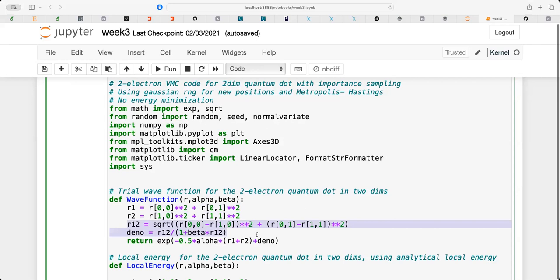You can leave that out, because we are not going to put in the interaction first. We are going to make all the tests and developments without the interaction between the particles. That means that your trial wave function will simply be given by this piece till here, period.